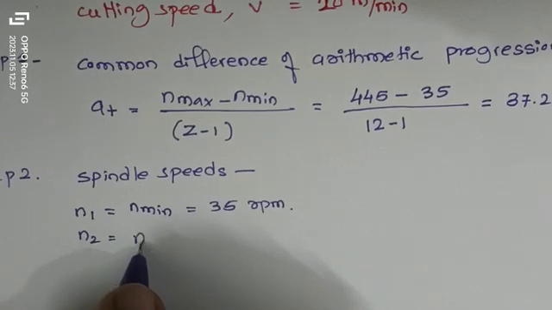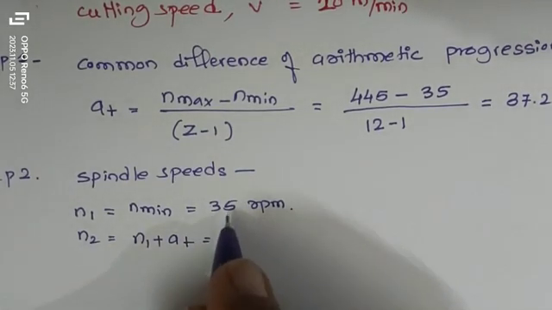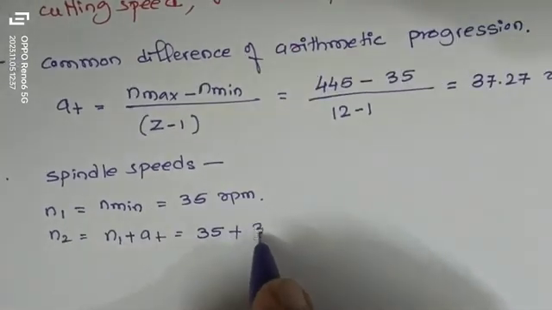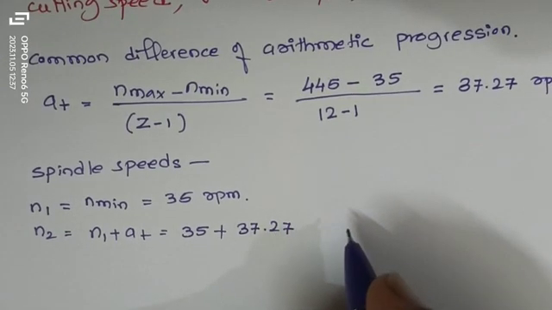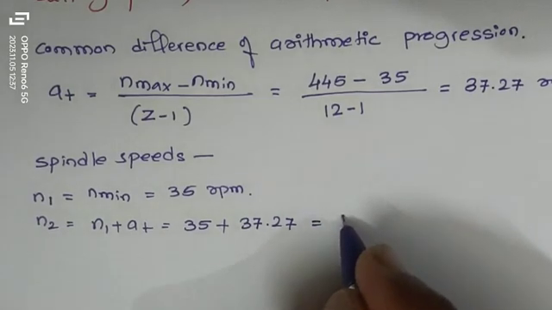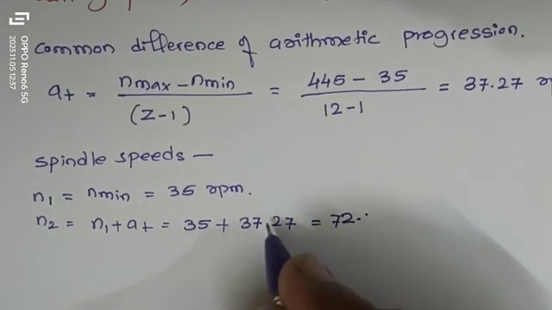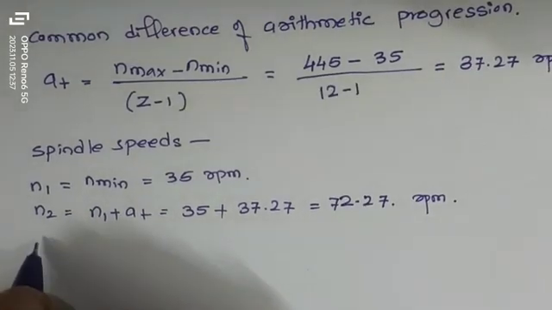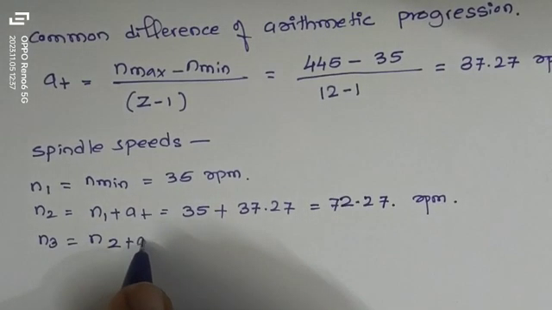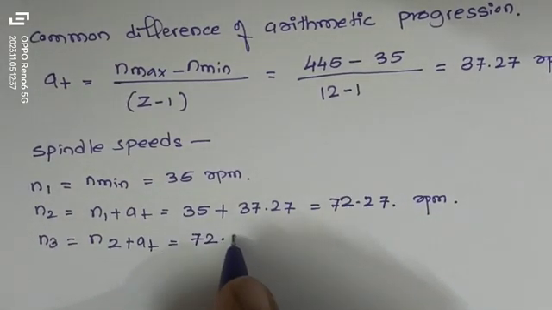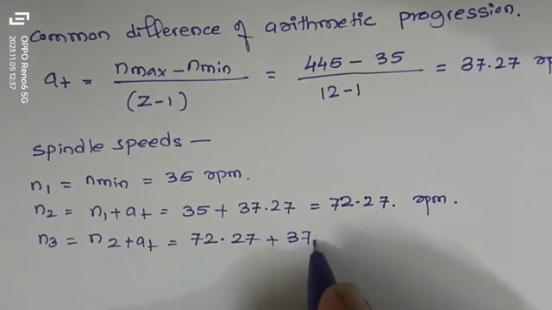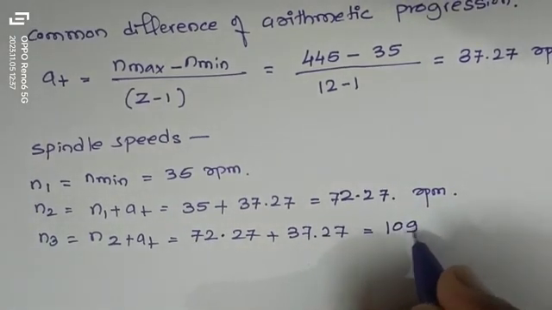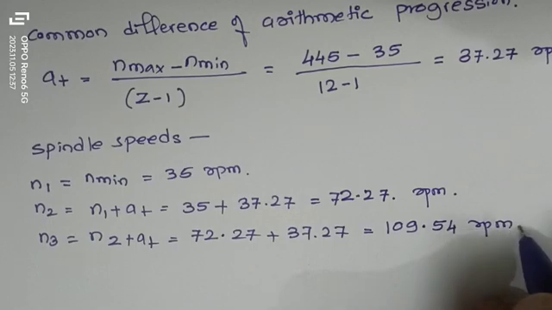N2 equal to n1 plus 37.27, that is n1 is 35 plus 37.27, so I'll get 72.27 rpm. Similarly, n3 equal to n2 plus 37.27, that is n2 is 72.27 plus 37.27, so that would be 109.54 rpm. This is n3.